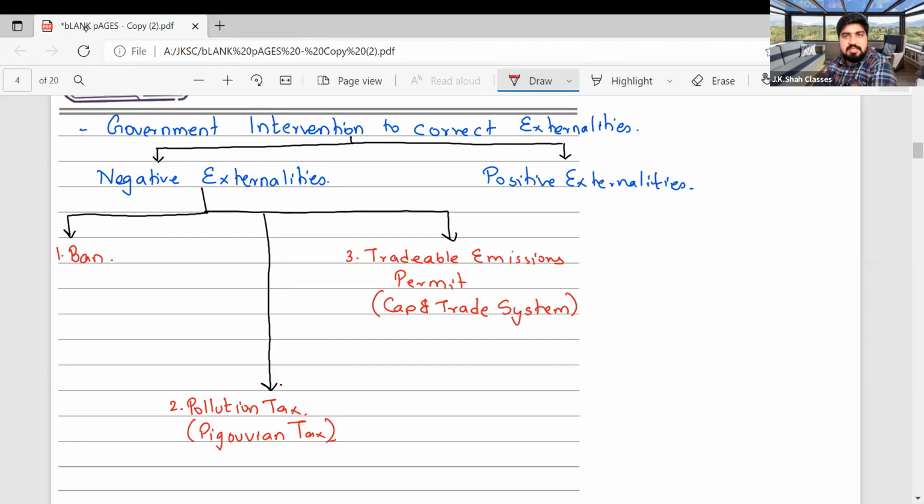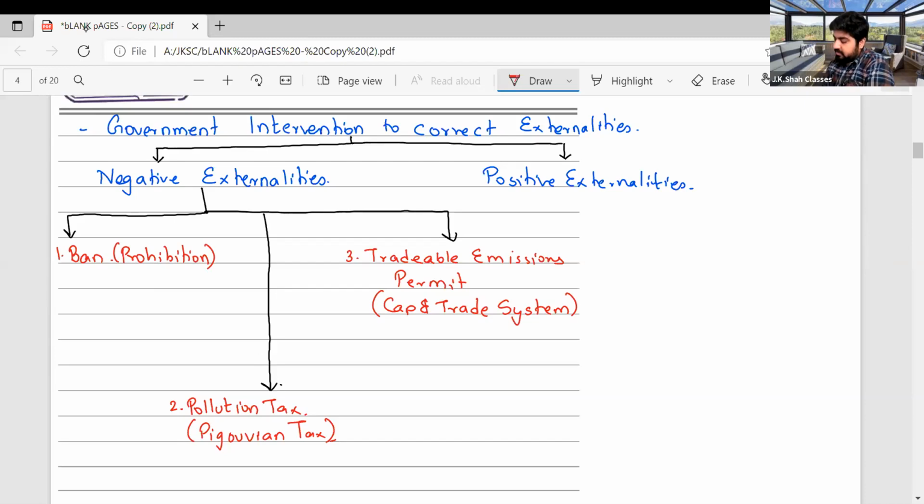So there are these three things. One is complete ban. Ban is nothing but prohibition or restriction. Then we have pollution tax. And lastly, we have tradable emissions permit.